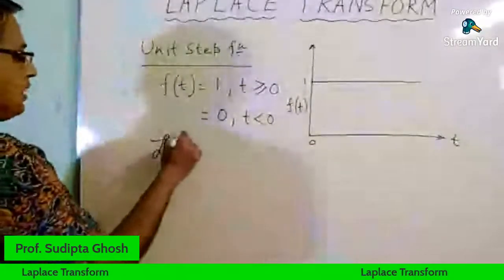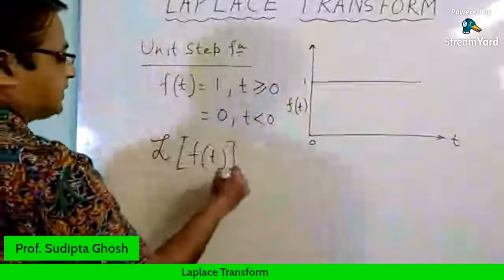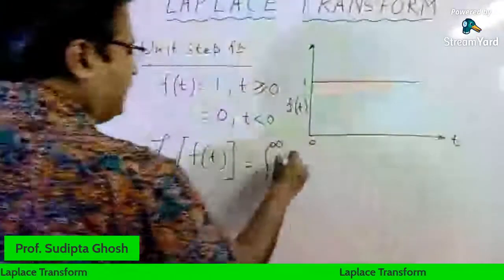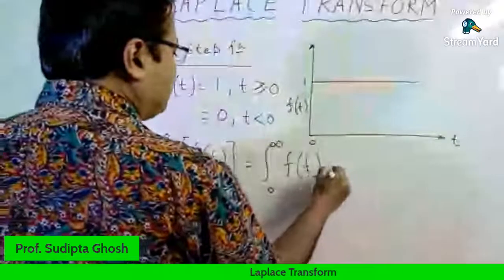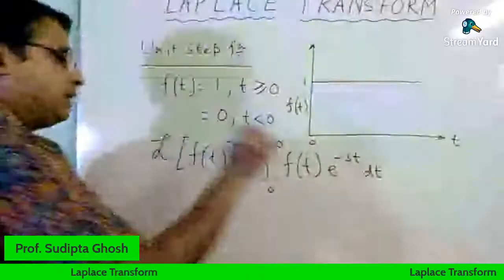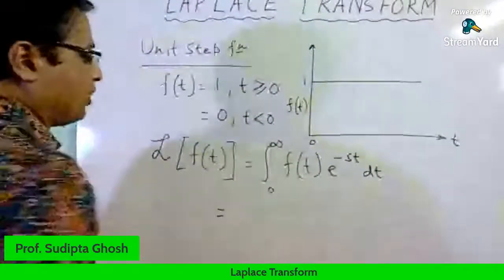So the Laplace transform of f of t, as I have discussed earlier, is the integral from 0 to infinity of f of t e to the power minus st dt. Just remember this formula of the integration.